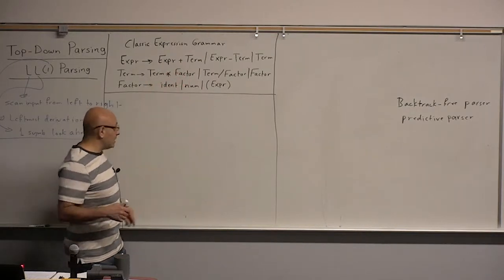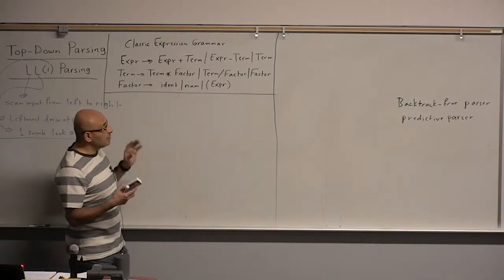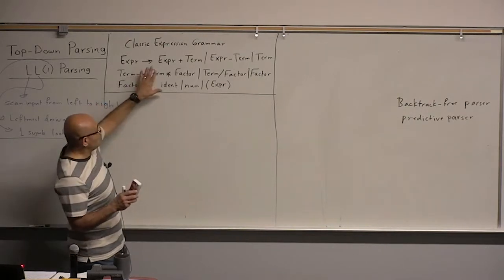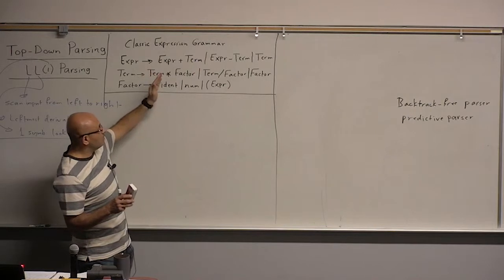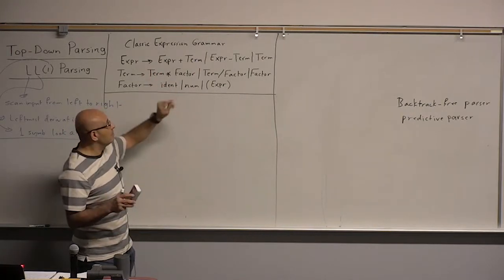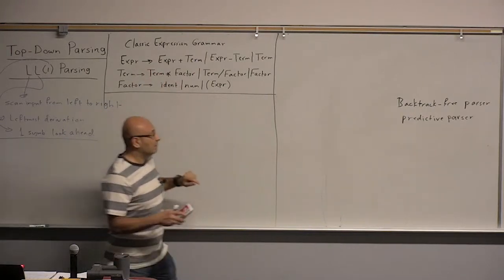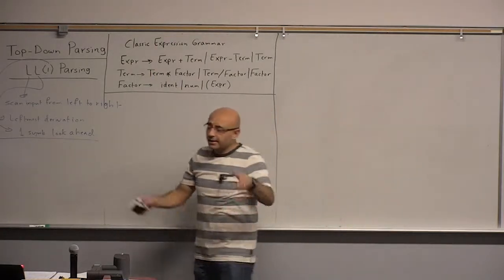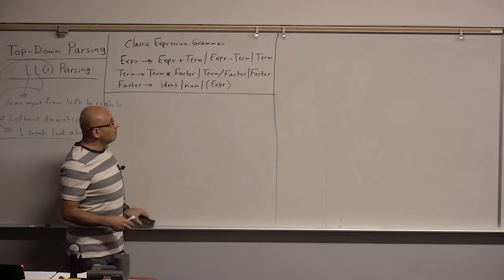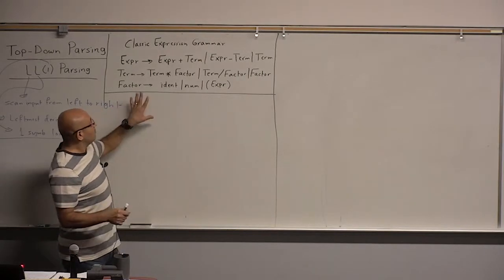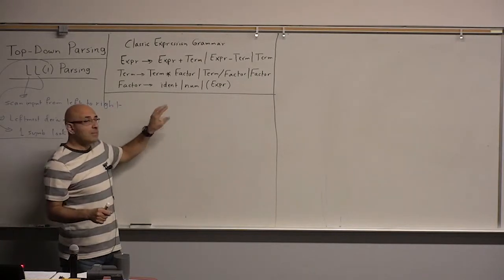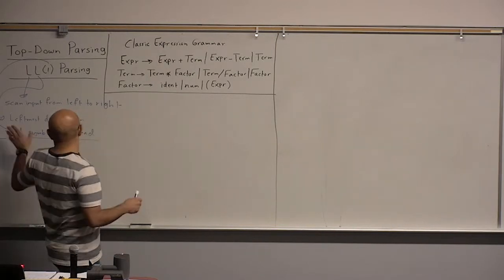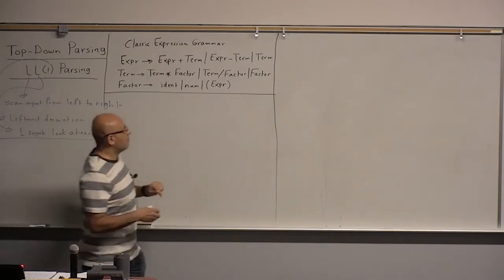This will work, and in fact, in today's lecture, we will do this, and we will understand why when we convert this from the left recursive form to the right recursive form, things will work out well. This is something that people have figured out decades ago. People have found that the right recursive form of this grammar will work well with an LL1 parser.